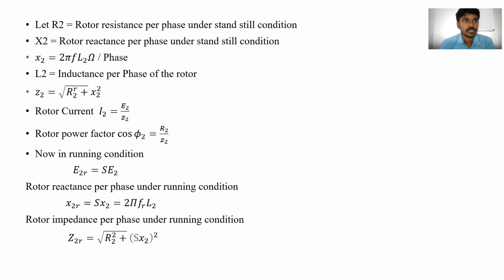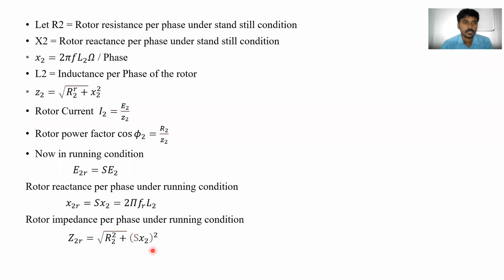We have also seen some basic equations for the impedance of the rotor circuit. Impedance of the rotor circuit at standstill is equal to the square root of R2 squared plus X2 squared. Under the running condition, it is the square root of R2 squared plus (S times X2) squared.